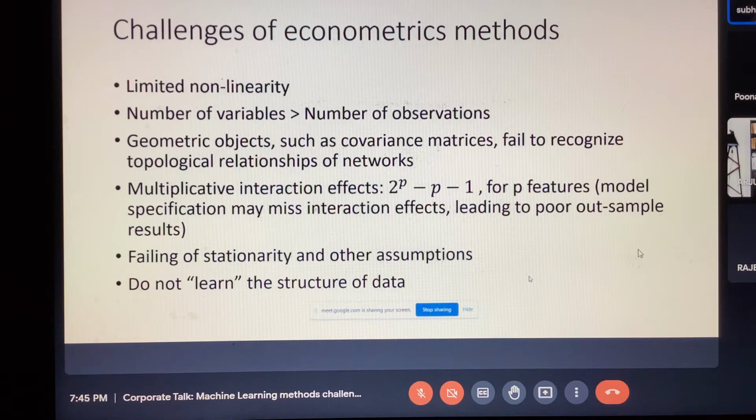But there could be hidden, unobserved variables which we don't know. That's where machine learning does very well, because it tries to figure out what the features are. Features are different from observed variables. Features can be unobserved, so it tries to find out what the features are from the data.